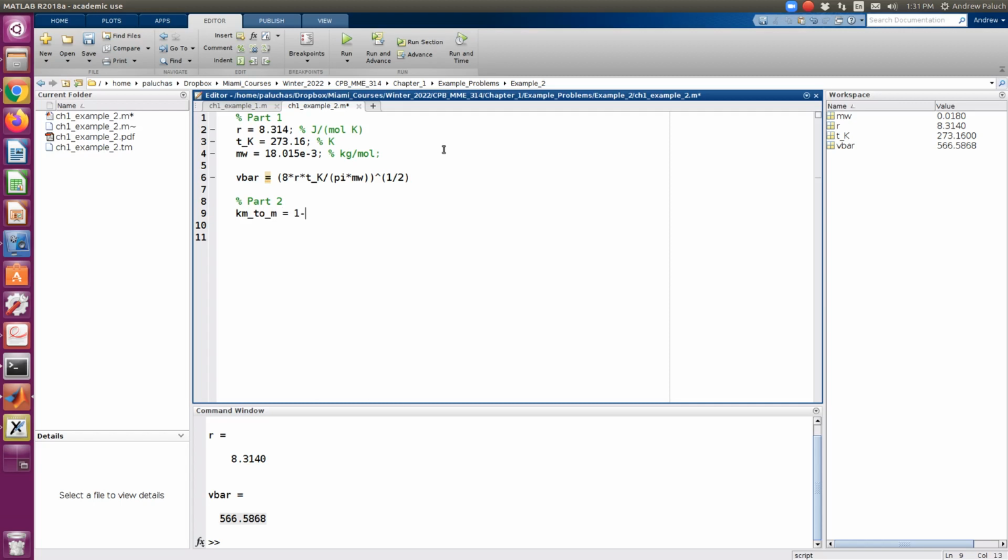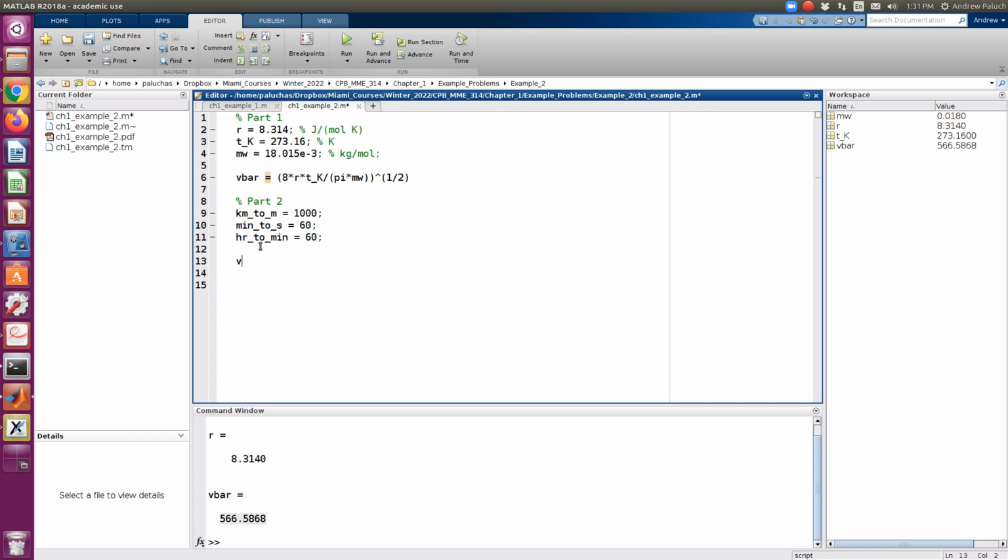That's just 1,000. And then we had minutes to seconds. So that was 60. And then we had hours to minutes, and that was also equal to 60.